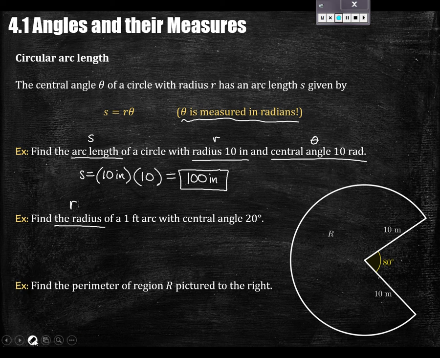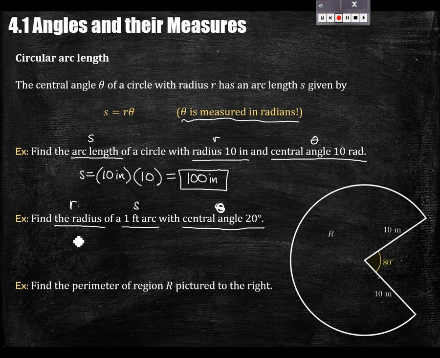Of a 1-foot arc, that's S. With a central angle of 20 degrees, that's theta, but we need it to be in radians, right? I'm getting ahead of myself to the next slide. All right, so what does that come out to be?